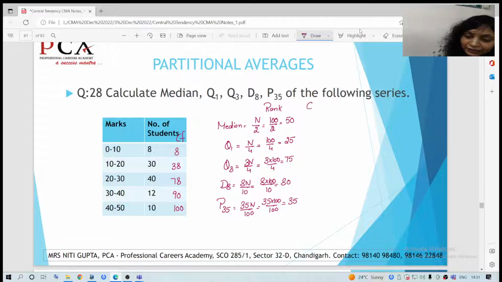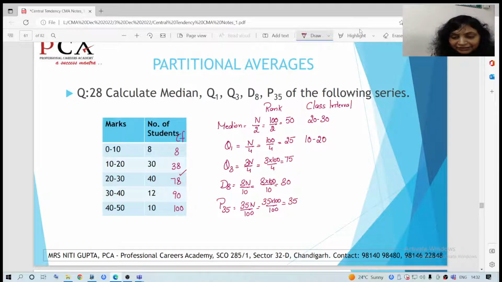Next, we identify the class interval in which the respective rank lies. 50 lies in which CF? 78. So the corresponding class interval is 20 to 30. So the median lies in 20 to 30. Q1 rank is 25, greater than 8 but less than 38, so it lies in 38, and the class interval is 10 to 20 for Q1.